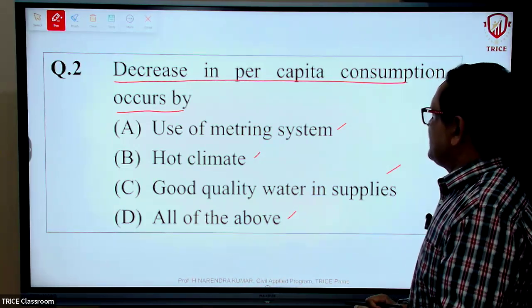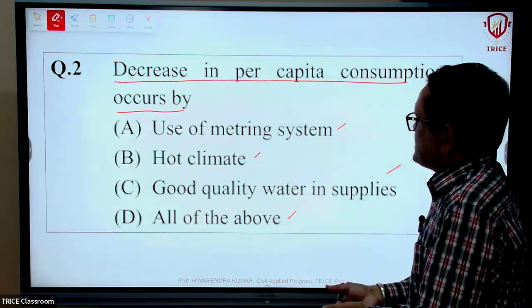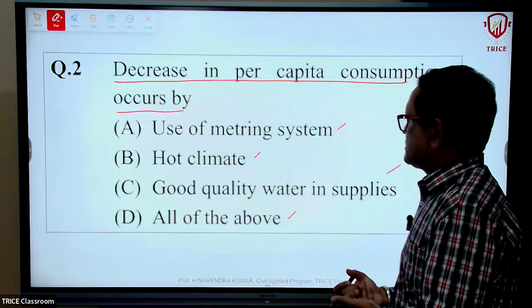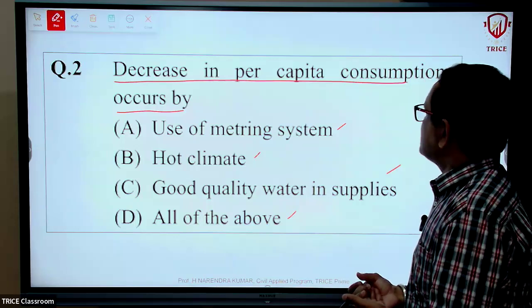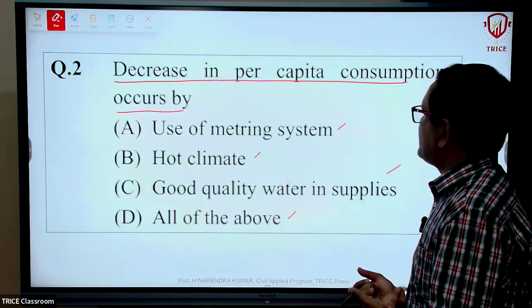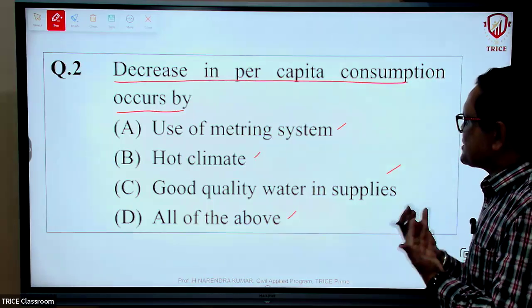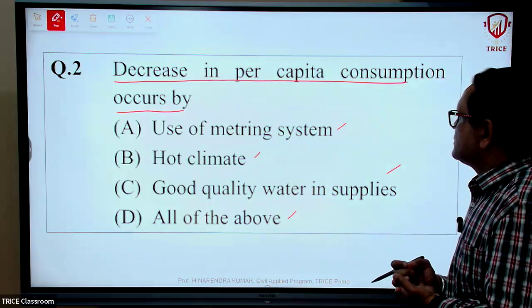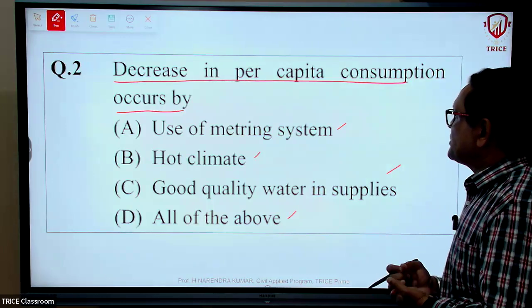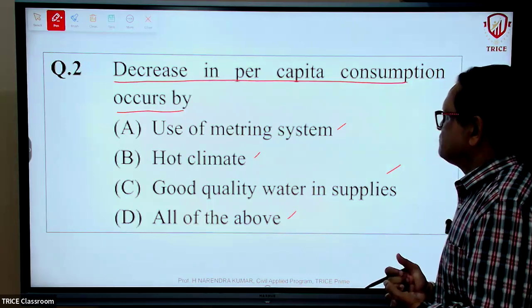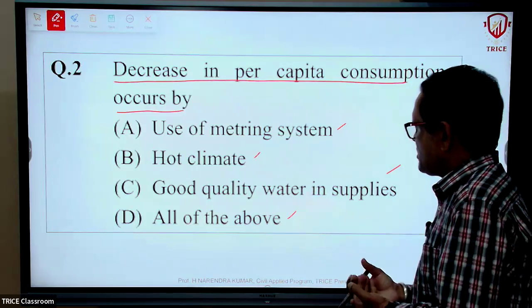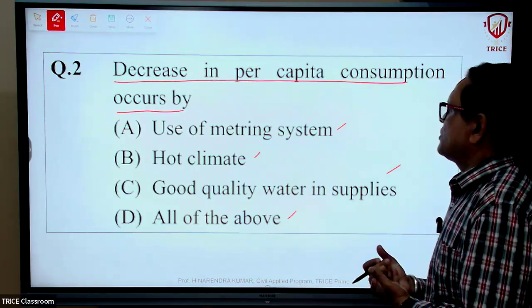For example, as a layperson, in a hot climate in the summer season, is there any decrease in the per capita consumption? No way. If I supply good quality water, will there be any decrease in per capita consumption? No. Because if the quality is good, people will consume more.